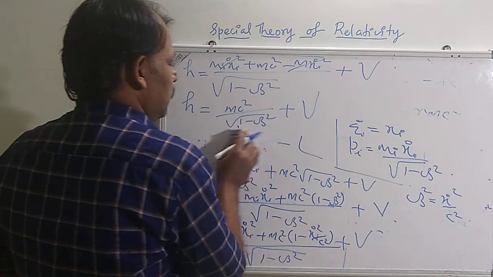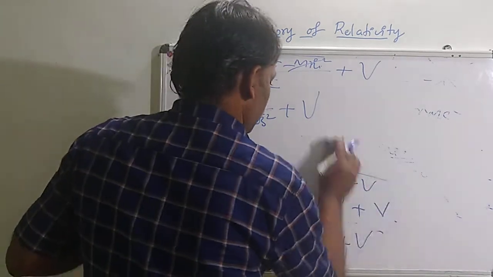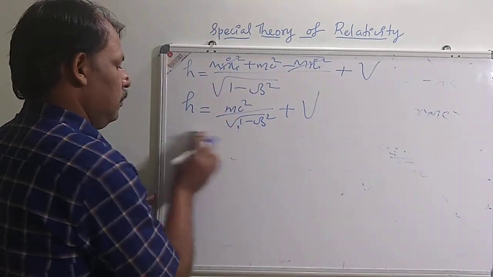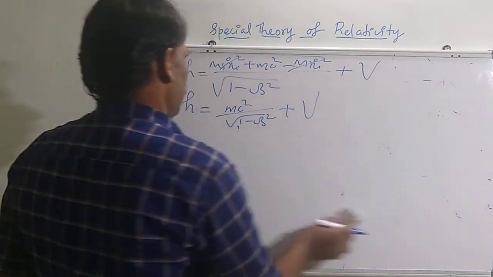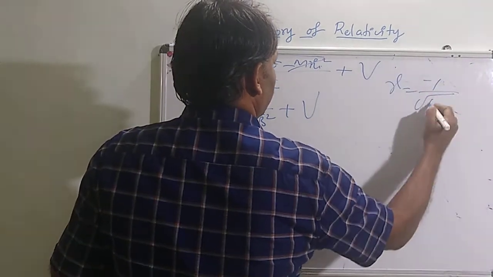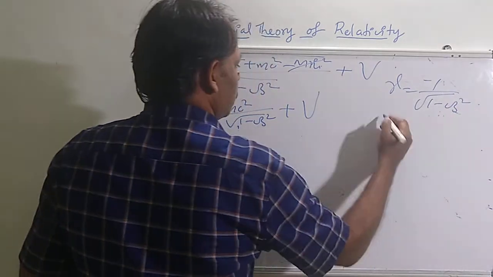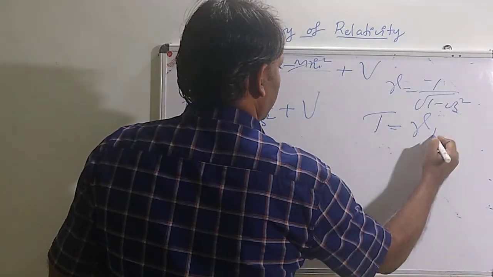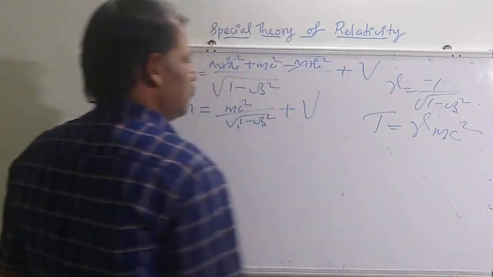What is mc square by root of 1 minus beta square? Gamma is 1 by root of 1 minus beta square, and kinetic energy is given by gamma mc square.